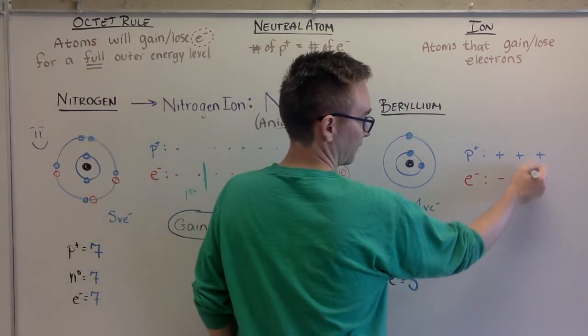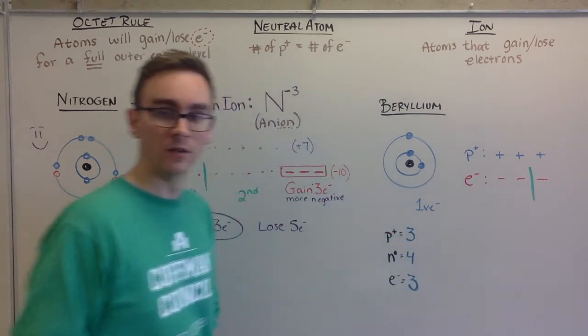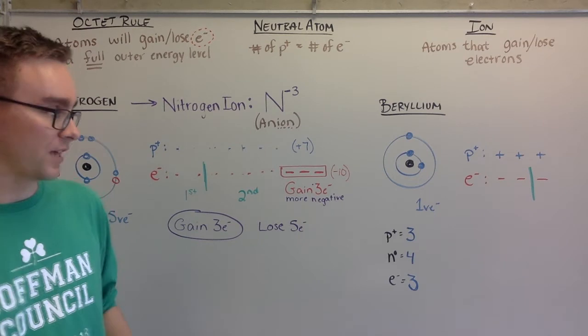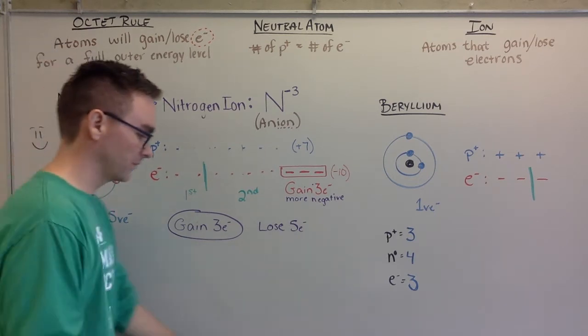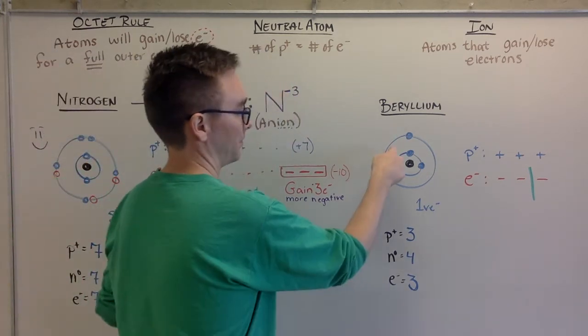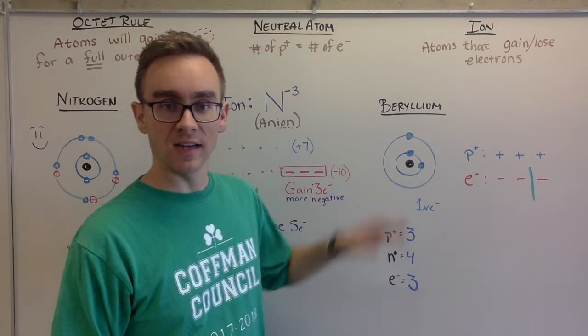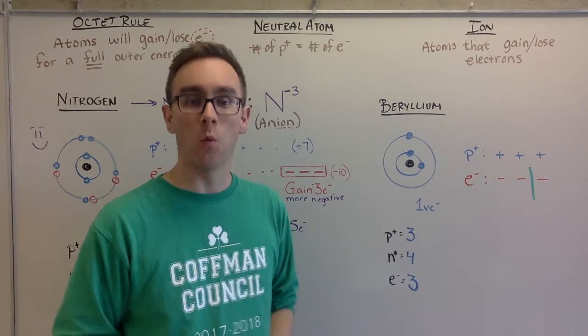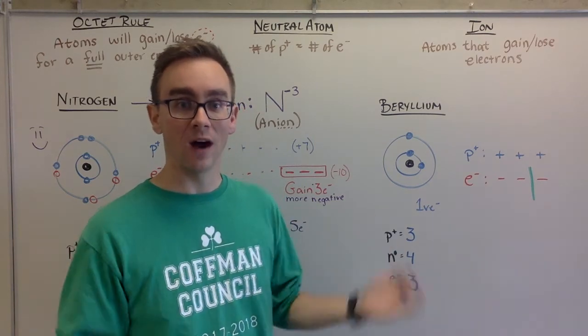I'm going to draw that line to separate that first and second energy level. All right. Okay, so we have to make another choice. He is unhappy right now. That second energy level can hold 8 electrons. It only has 1.